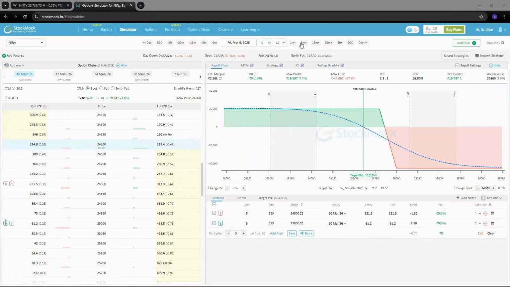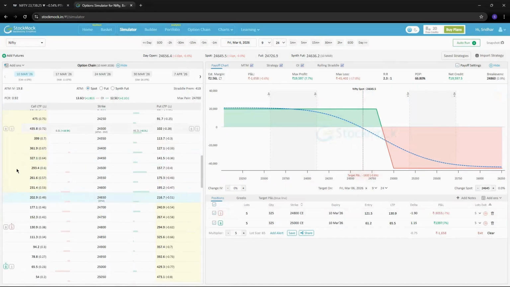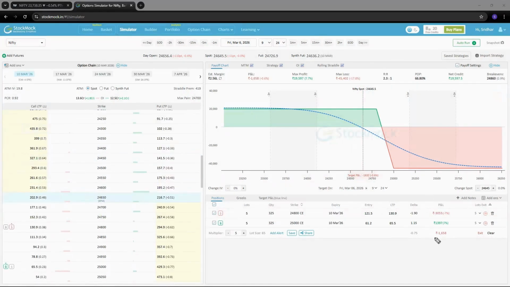Let's forward it by 5 minutes. In the first 5 minutes itself, the market has hit the SL for 1500 rupees. Those who used the loss threshold, the market has immediately hit your SL.